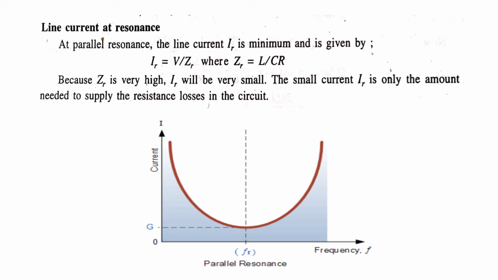So here is the diagram, the variation of current with frequency. At resonance frequency FR, the current is minimum. The variation below FR and above FR is shown in this diagram.